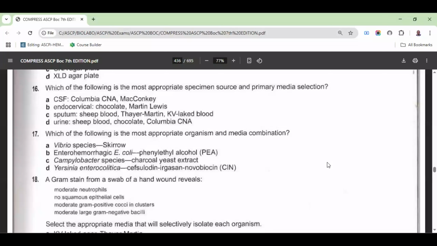Now, let's start from A, Vibrio. Vibrio does not need Skirrow.